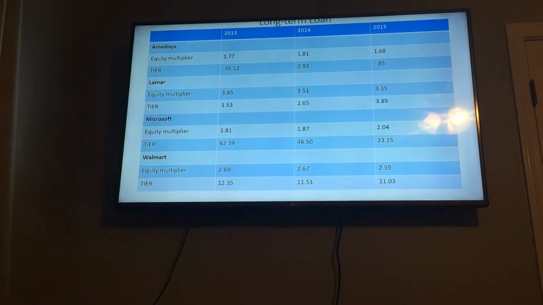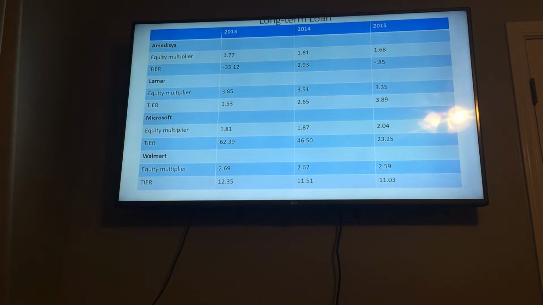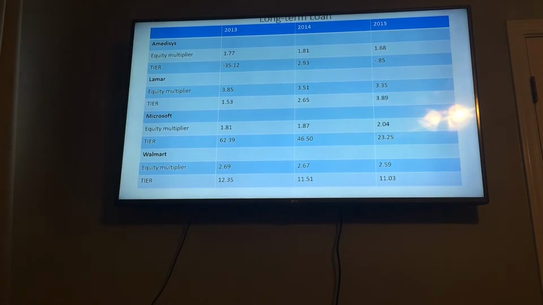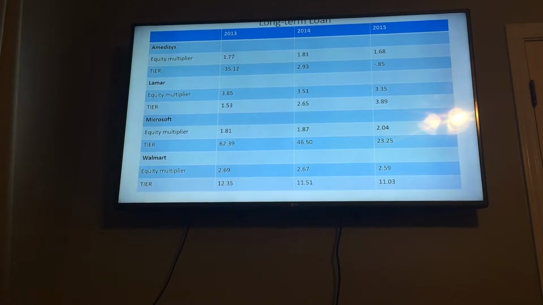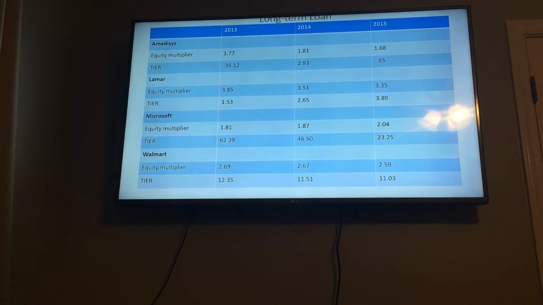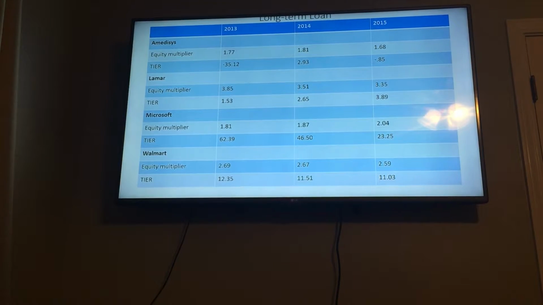Lamar, the equity multiplier is a little high, but it's showing a slight decrease in 2014 and 2015 as it goes from 3.51 to 3.35. And its times interest earned over the years is showing a gradual increase, which means that the company is making more money.